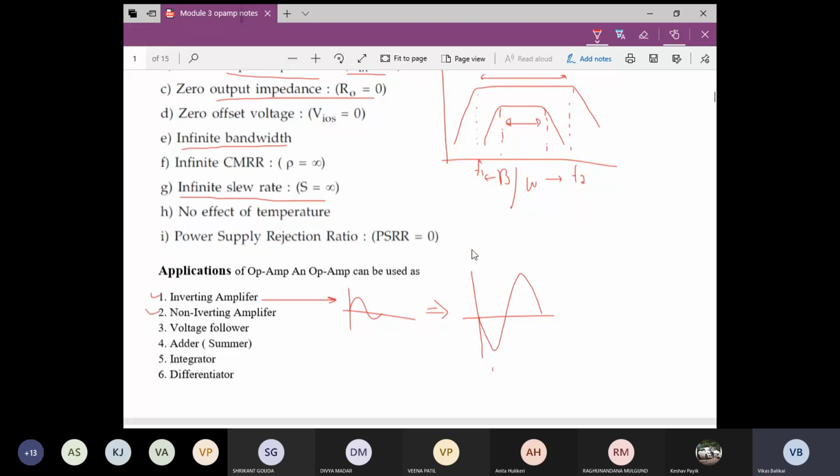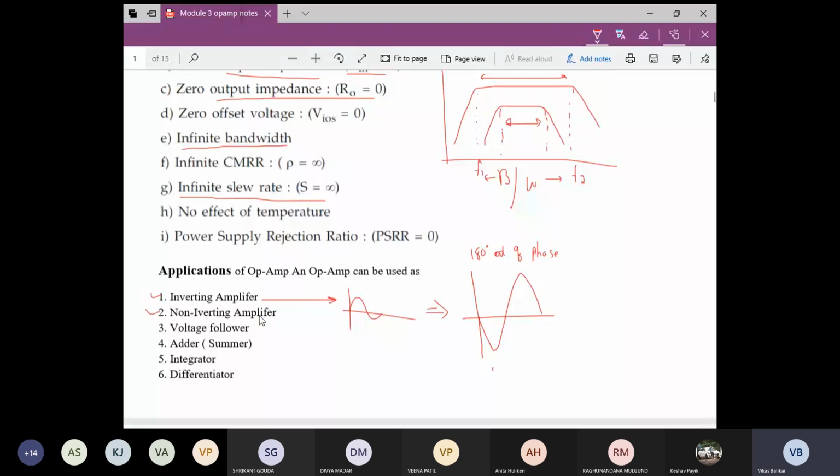This is what is known as 180 degrees out of phase. The input phase and the output phase do not match at all, but at the same time they are amplified. This is what is known as an inverting amplifier, and how the op-amp can behave like an inverting amplifier, we can see in this class.